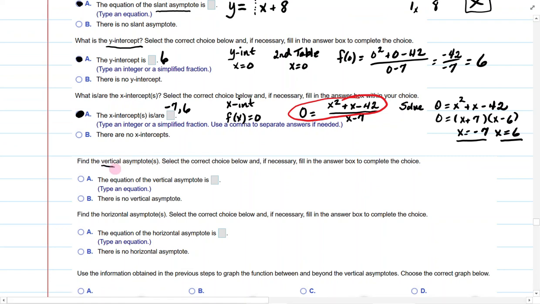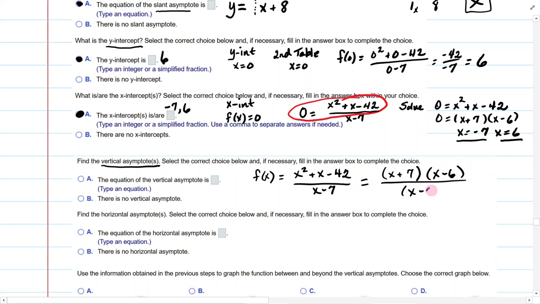We're finding vertical asymptotes, and I have f of x equal to x squared plus x minus 42 over x minus 7. There are no holes. If I wanted to look at it in factored form, the numerator would be x plus 7 times x minus 6, all over x minus 7.